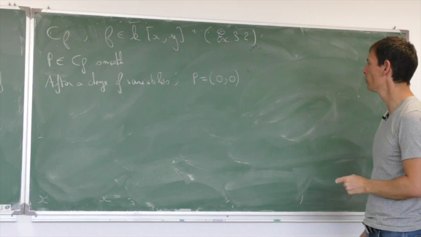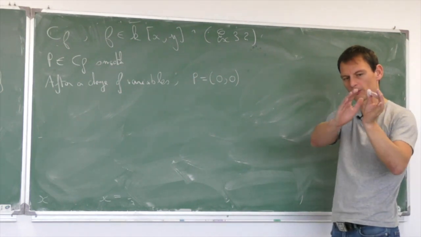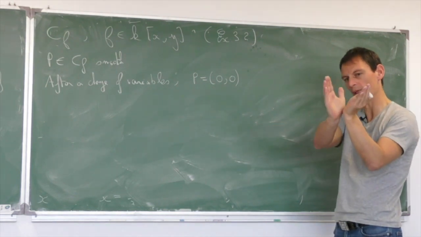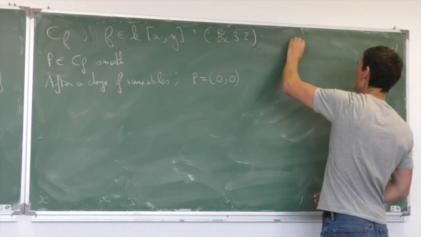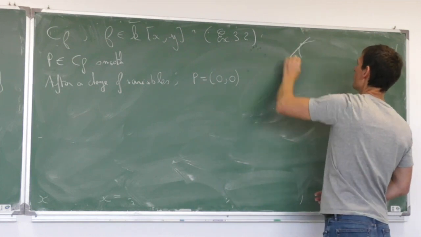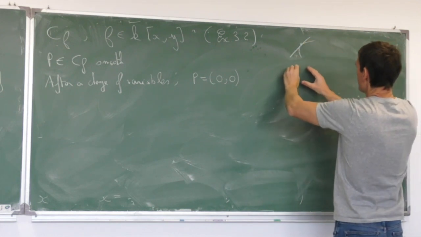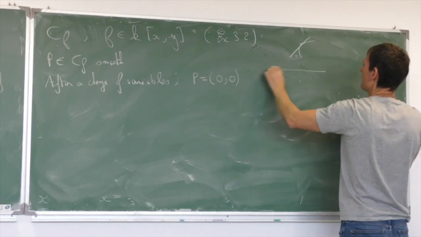And you can even do a bit better. Now what you have done is that you have moved your point to the point 0, 0, but there is also a tangent. It's a smooth point. So let's say the point was here on your curve with a tangent like this. So let's put an axis here.